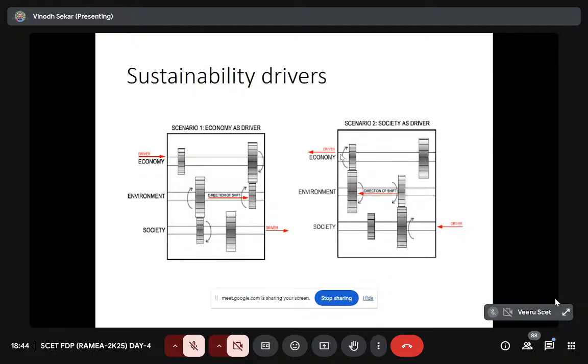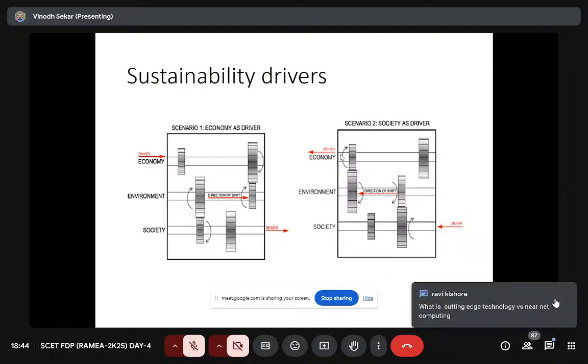So here, weight reduction is very essential in terms of efficiency improvement and improving the performance of the product. If we take this objective, then in terms of environment, we try to reduce the resource consumption and the environmental impacts.